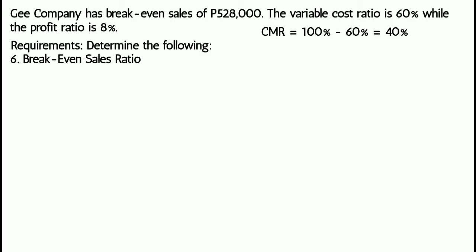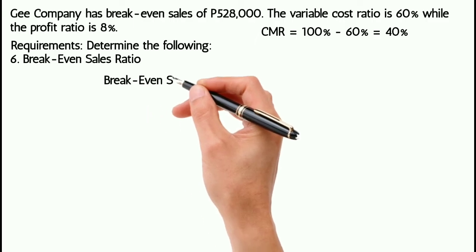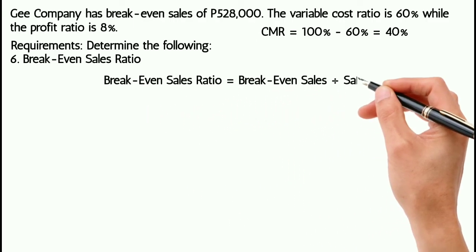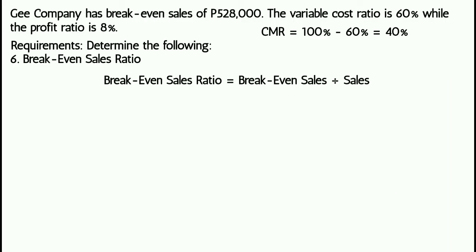Next, requirement number 6, determine the break-even sales ratio. Break-even sales ratio is equal to break-even sales divided by sales.